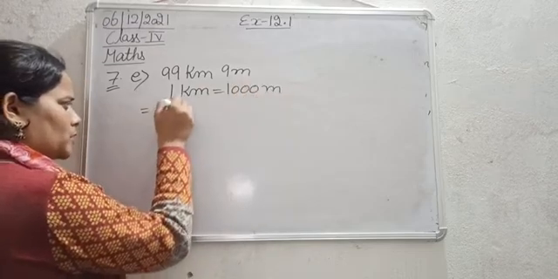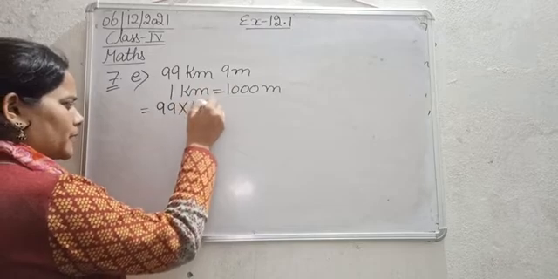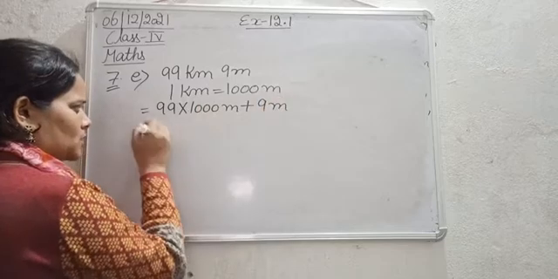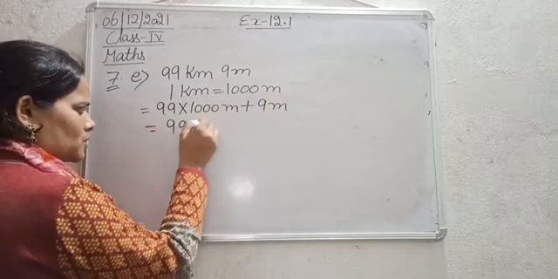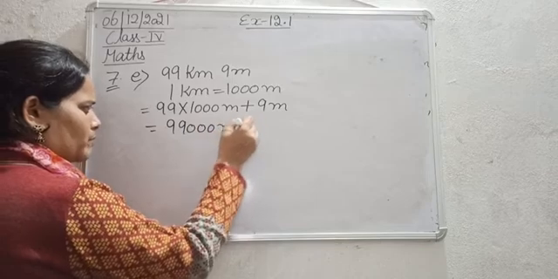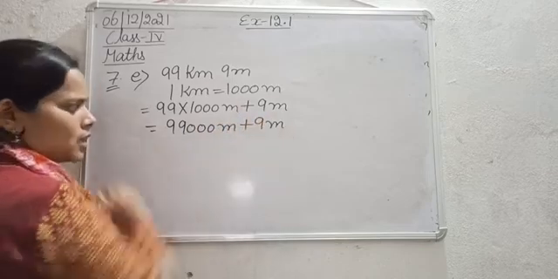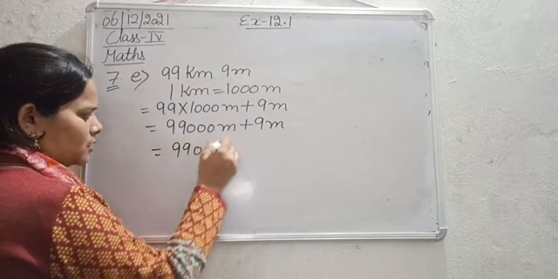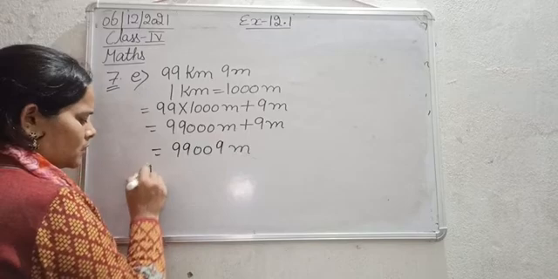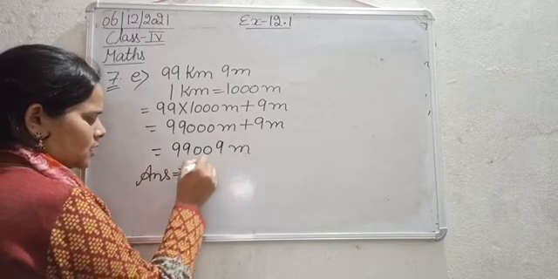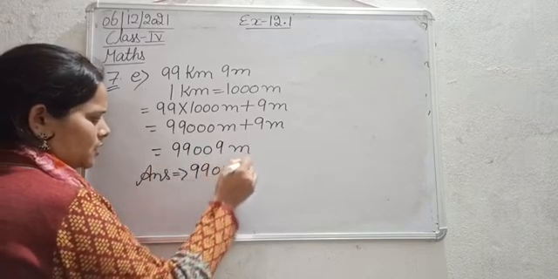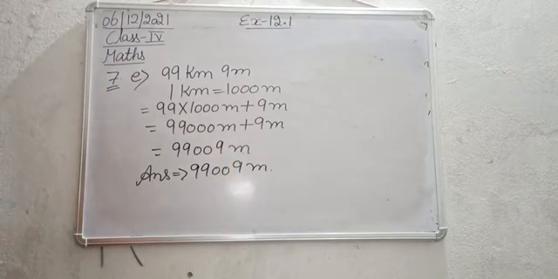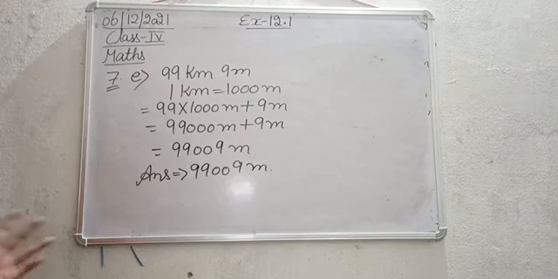So 99 kilometer will be converted into meter by multiplying it with 1000 plus 9 meter. This is 99,000 meter plus 9 meter. So this is 99,009 meter. So the answer is 99,009 meter. So this is the solution for the E part.